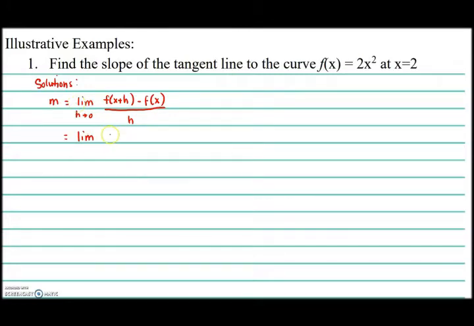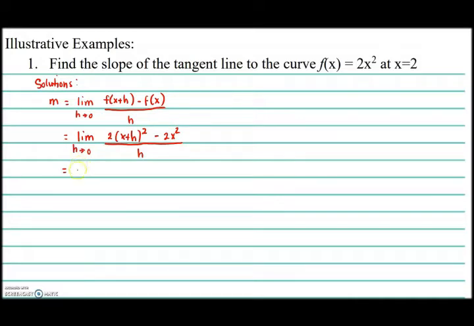of 2 times x plus h squared minus 2x squared over h as h approaches 0.